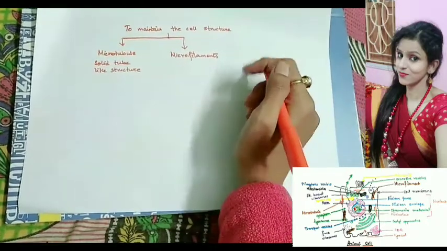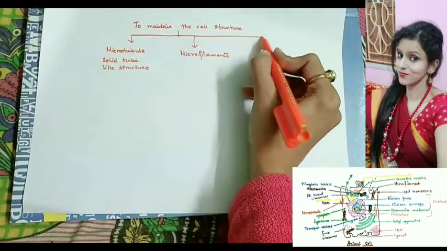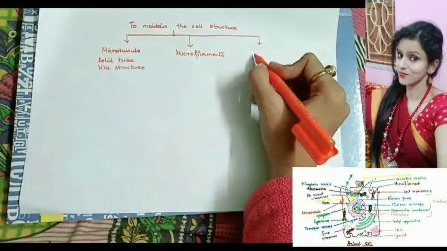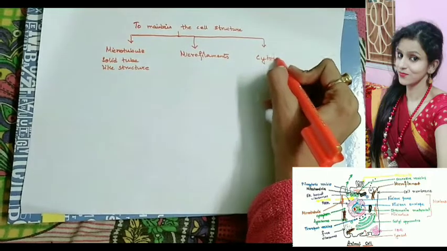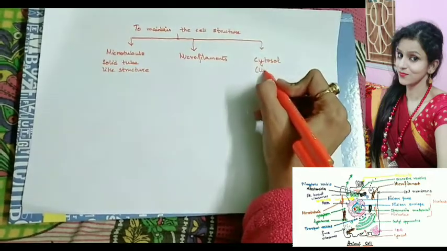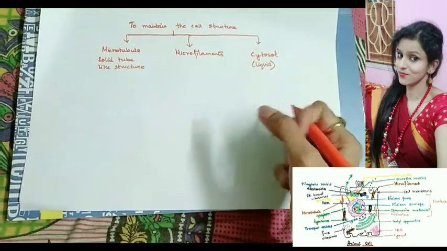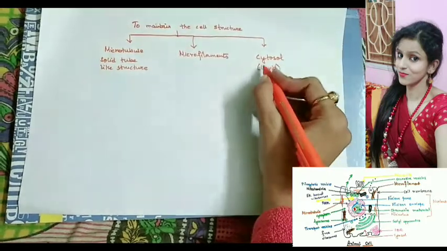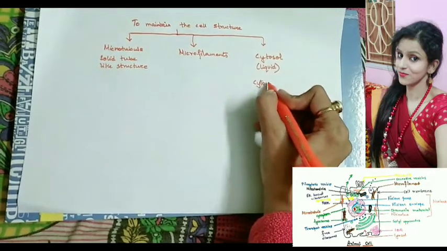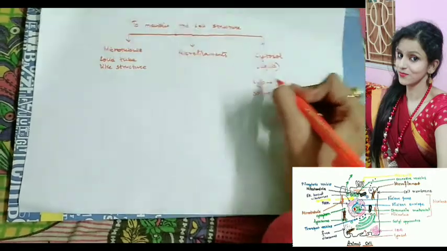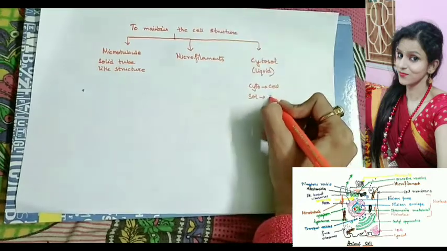Now the third portion: one liquid is present, and the name of the liquid is cytosol. It is in liquid form, and it mainly helps to tighten the cell. The word cyto means cell and sol means solution.